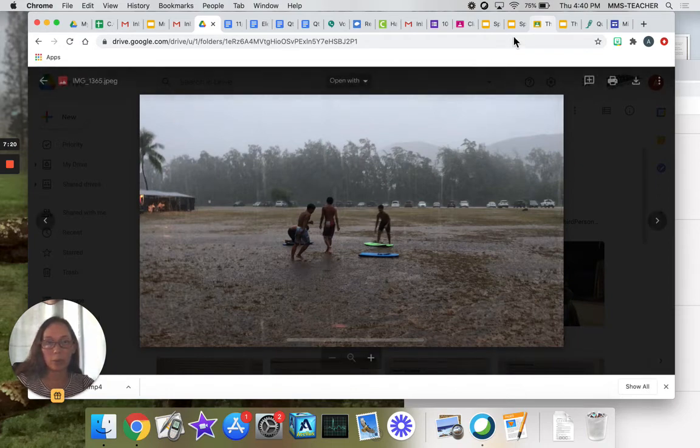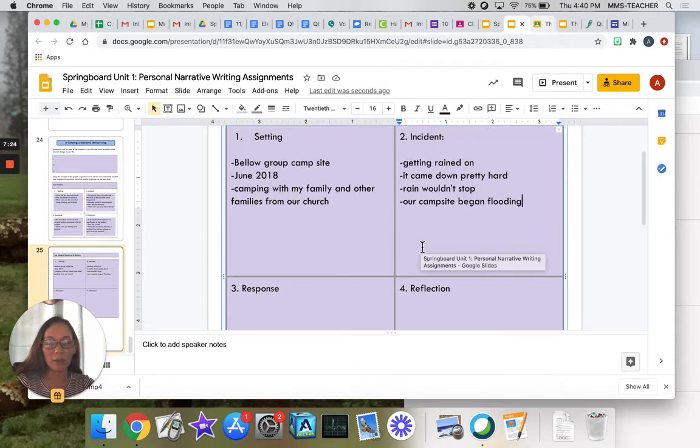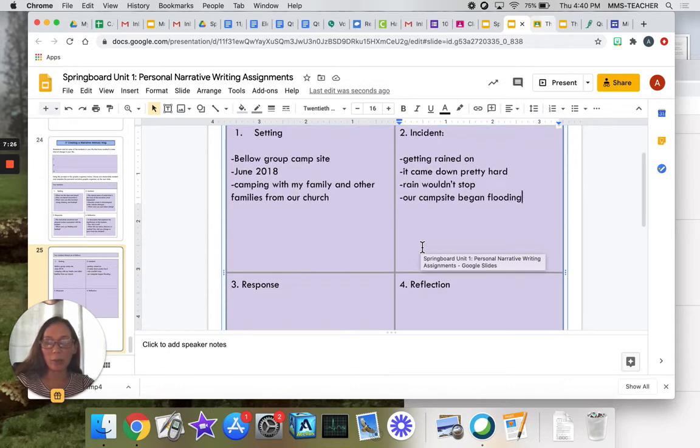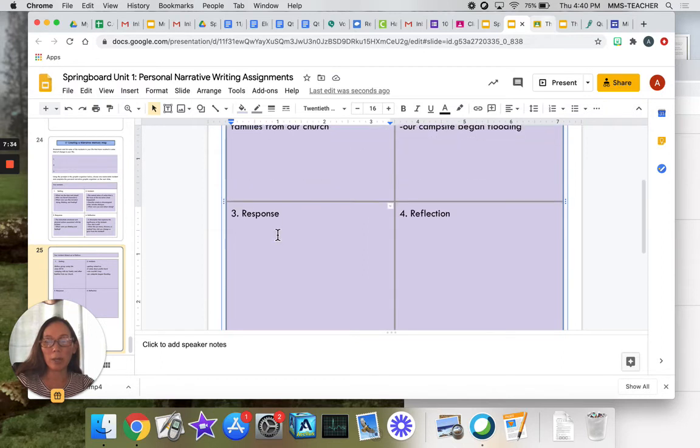Okay, so I'm going to go back. So that was the incident. Getting rained on, coming down pretty hard. It wouldn't stop. Our campsite began flooding. Okay, so you can imagine my response and everyone else's response. We were pretty sad, disappointed, and we were feeling helpless.